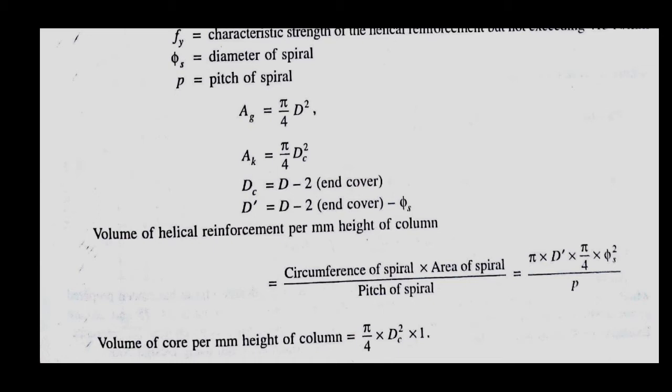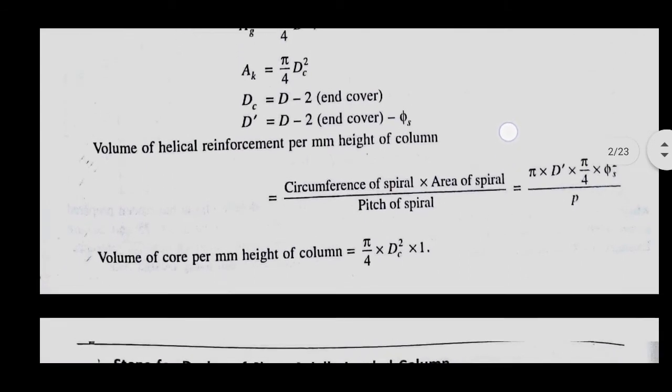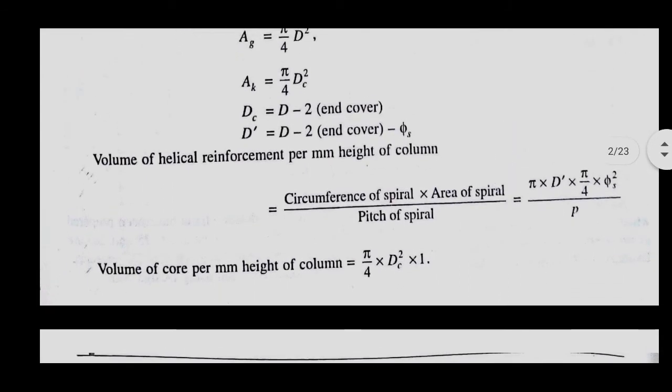So that is equal to pi into D dashed into pi by 4 into phi square by p. Circumference of spiral is pi into D dashed, area of spiral is pi by 4 into phi square, and pitch is p. Volume of core per mm height of column is pi by 4 into dc square into 1. And the steps for designing are the same as for lateral ties, which we covered in the previous lecture.